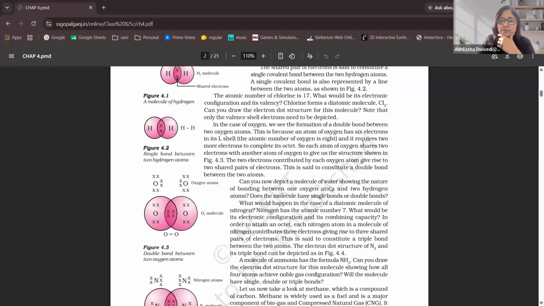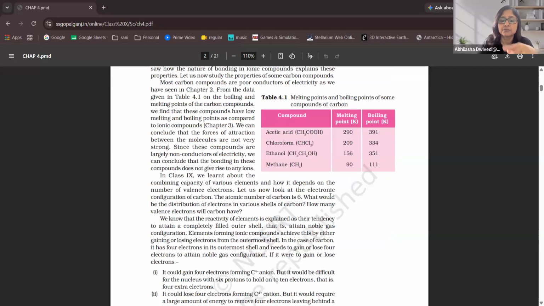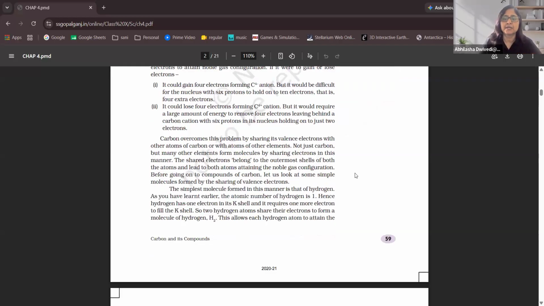As you can see, this is the topic I'm going to talk about: why carbon can have a maximum of four bonds. Carbon has the electron configuration 2,4.